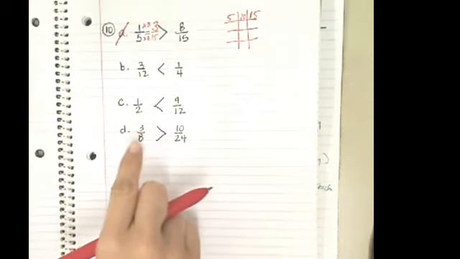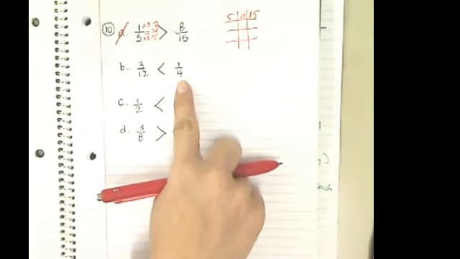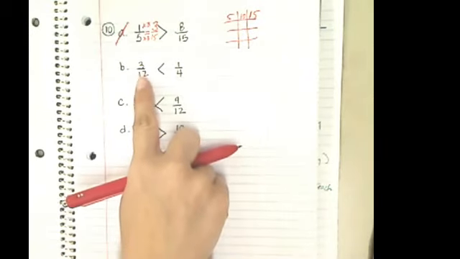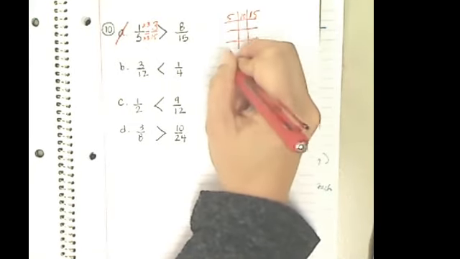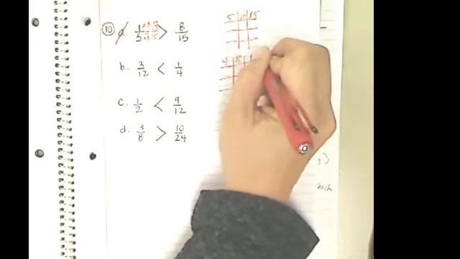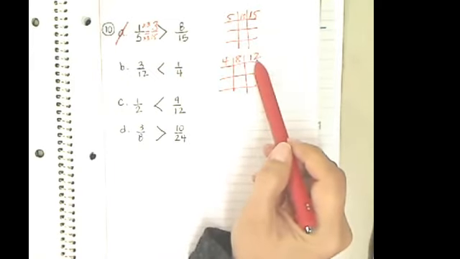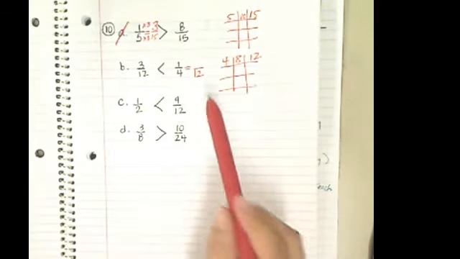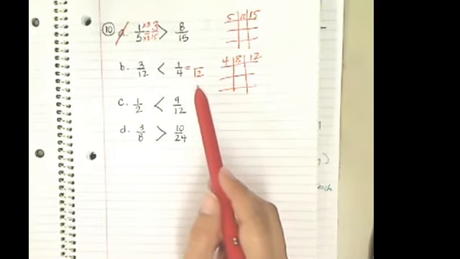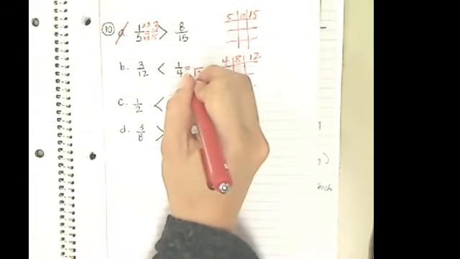3/12, 1/4. Oh, I know 4 can be changed to match this denominator right here. Let me look at my facts. 4, 8, 12. There it is. I know I can change this denominator to have something that has a 12 on the bottom. 4 times what is 12? 4 times 3.